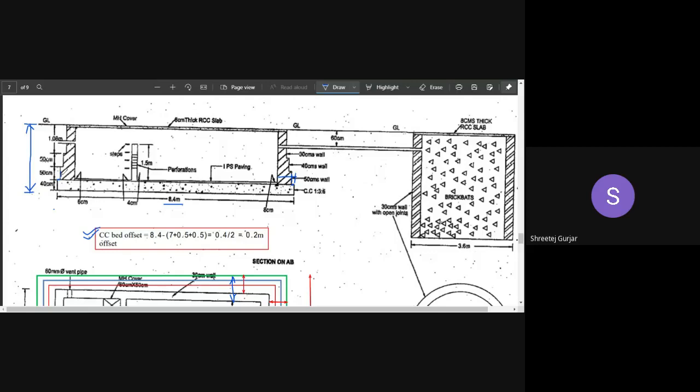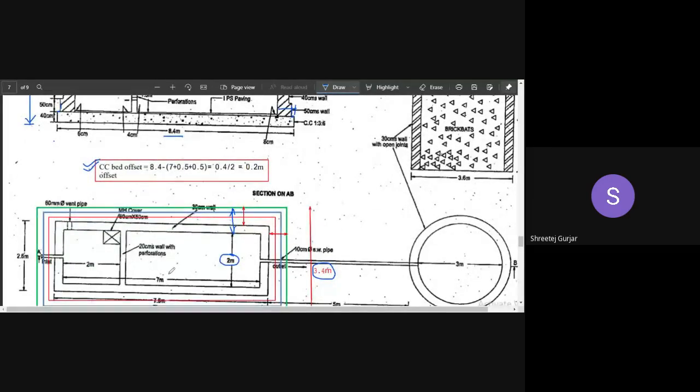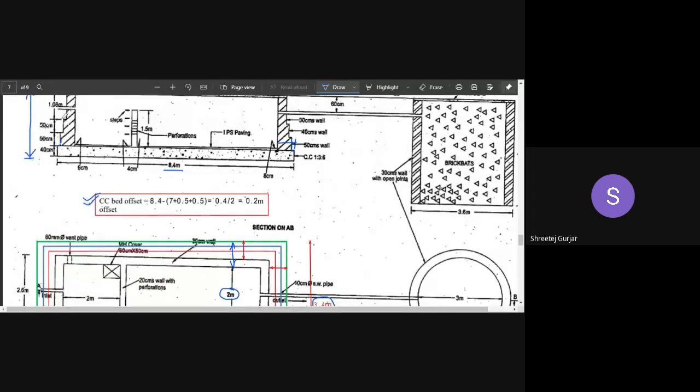Outer wall edge: inner to inner distance is 7 meters, plus wall thickness 50 centimeters plus 50 centimeters, meaning 1 meter. Total you have to add, so it is 8 meters. 8.4 minus 8 is equal to 0.4. Then half over here, half over here, so divided by 2, it is 0.2. So the offset is 0.2.